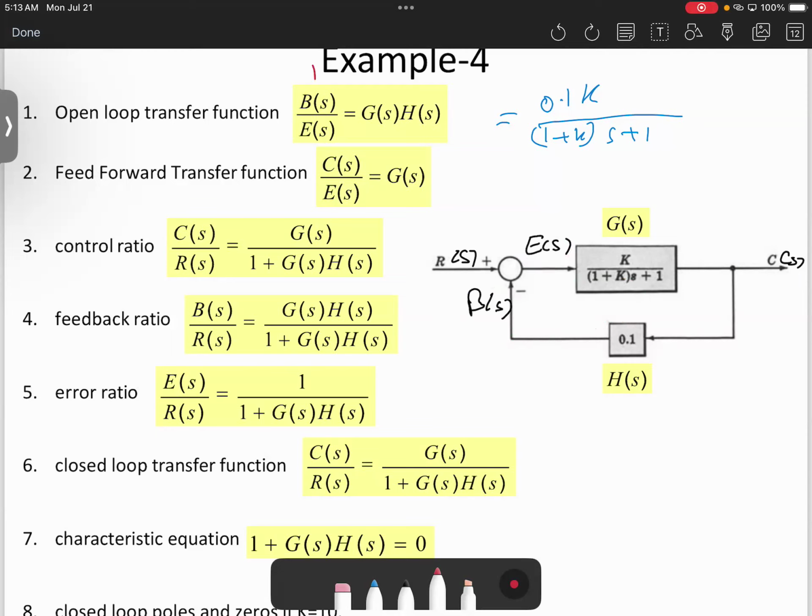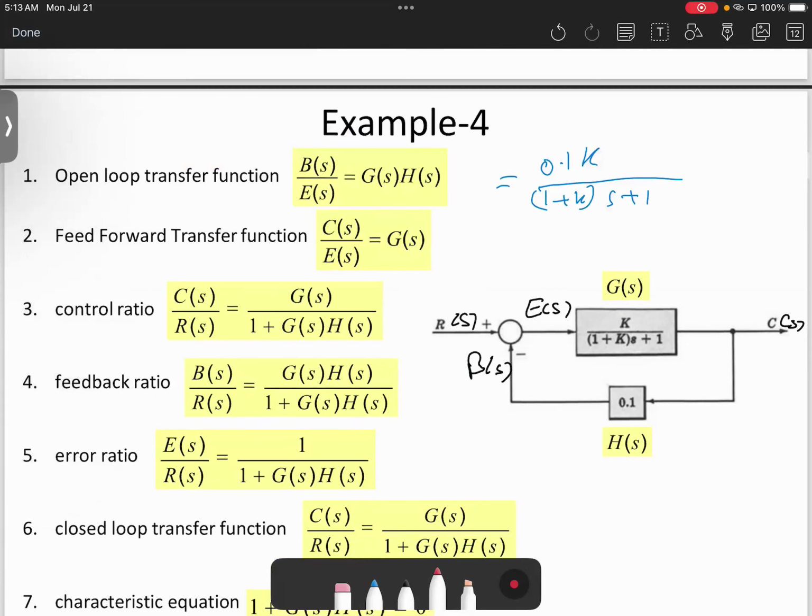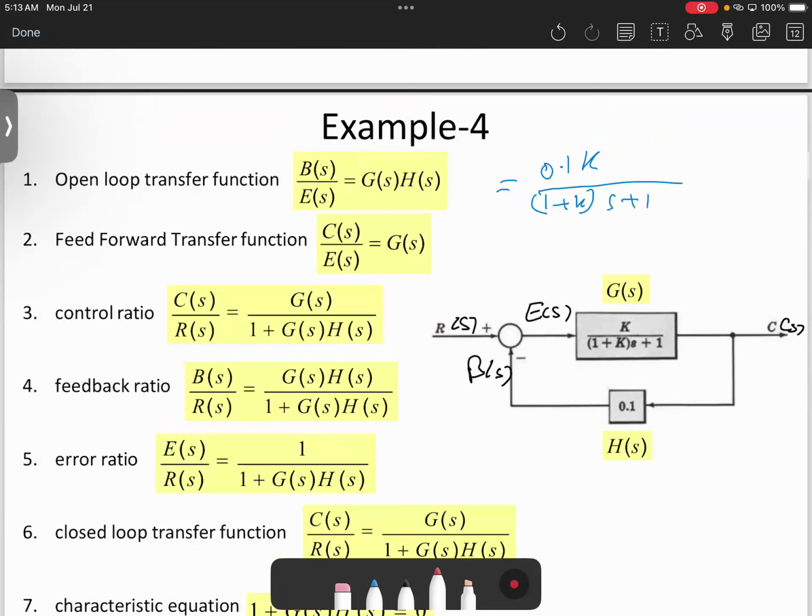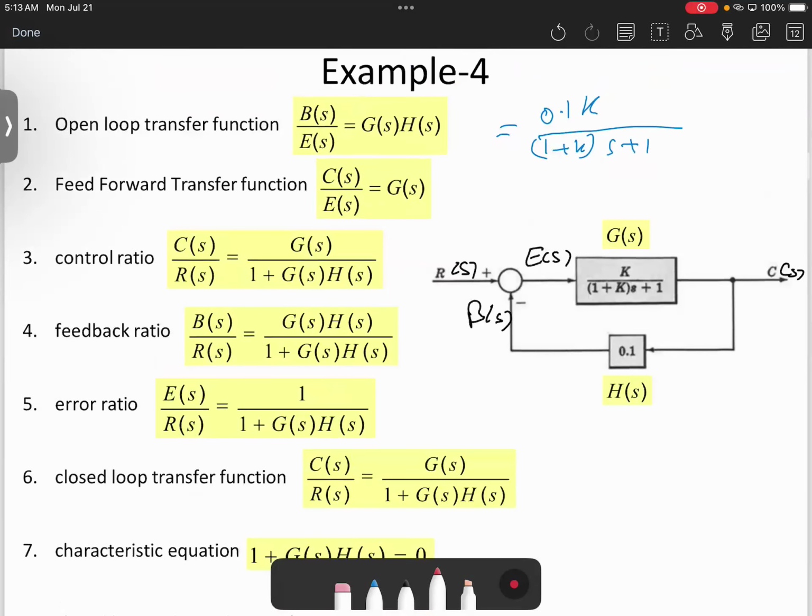You don't need to memorize what this is. The thing you need to figure out is how to find it, okay? This is on page 12.